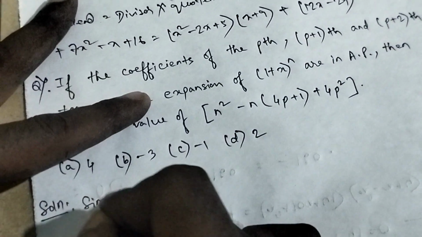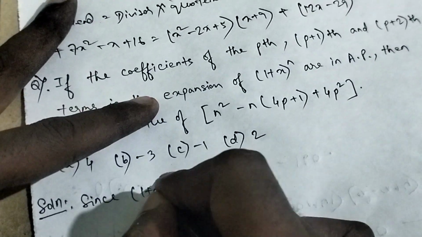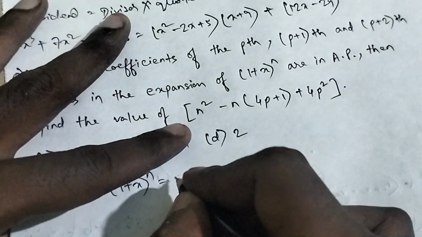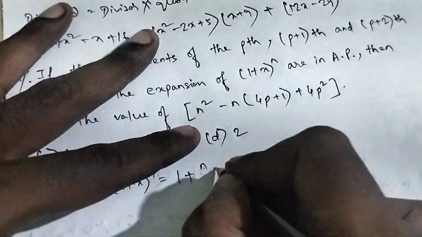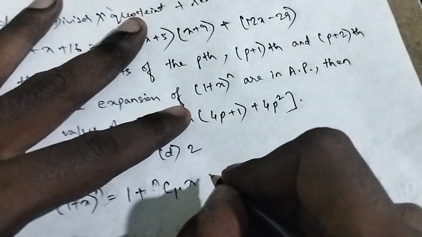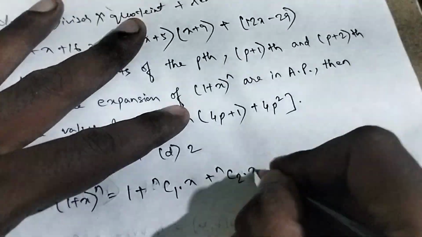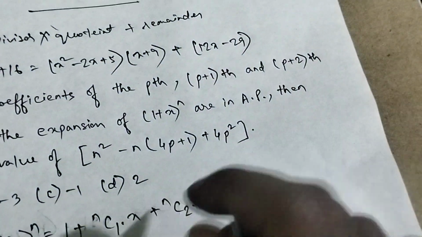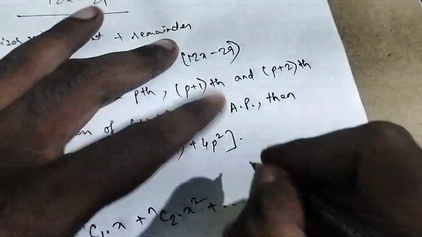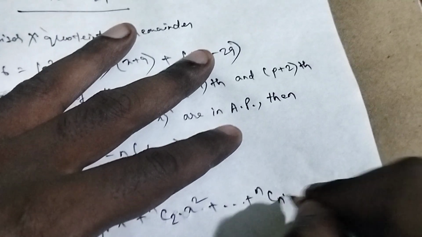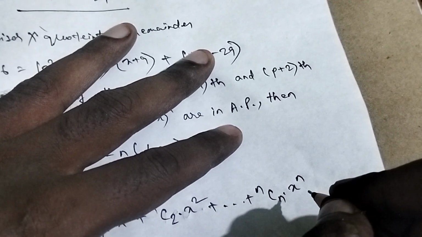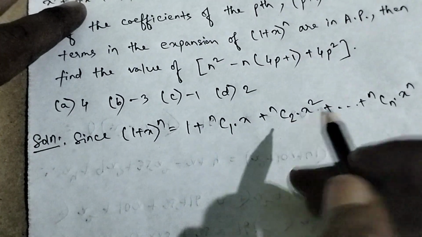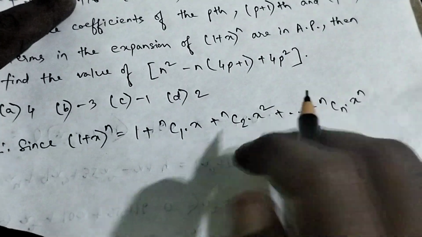Since (1 plus x) to the power n is equal to, what will be the expansion? 1 plus nC1 into x plus nC2 into x square, in this way dot dot dot plus nCn into x to the power n. Clear?